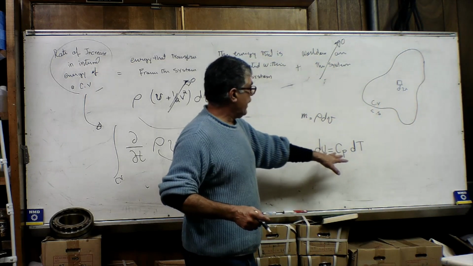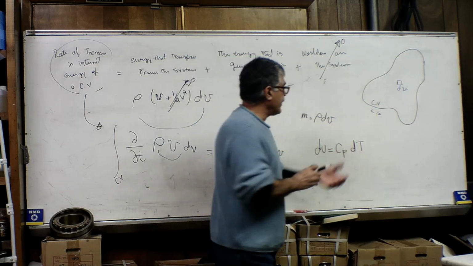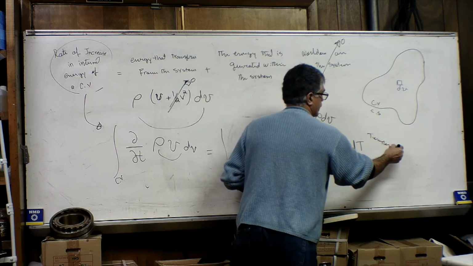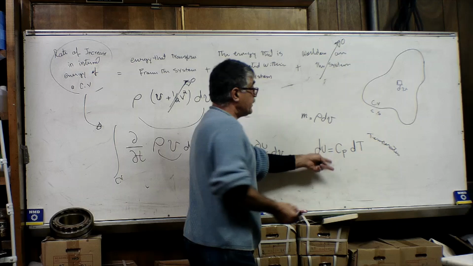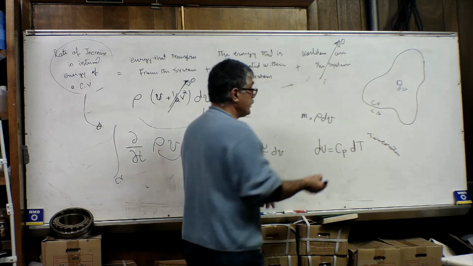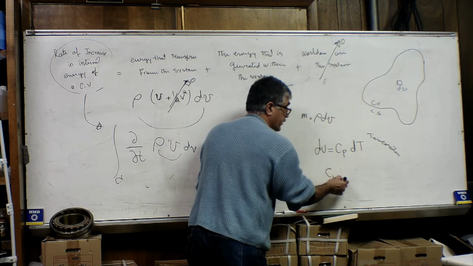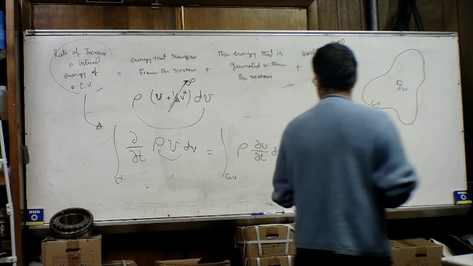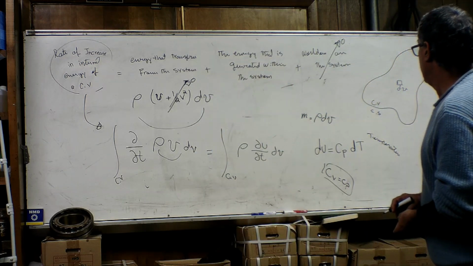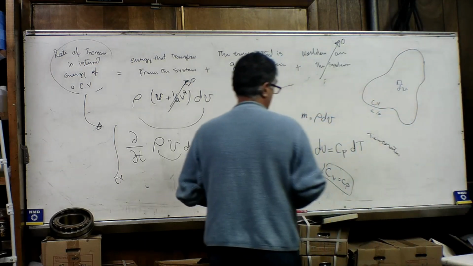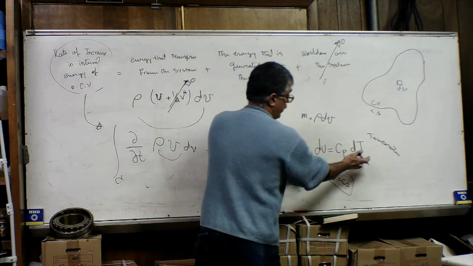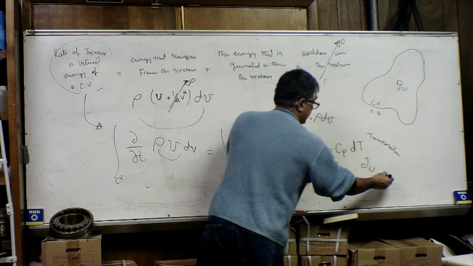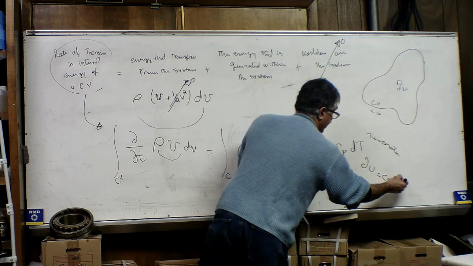This Cp is the constant pressure specific heat and T is temperature. And since we are dealing with a solid, Cv is equal to Cp. So here, the partial derivative of u we can write as Cp times the partial derivative of T with respect to time.